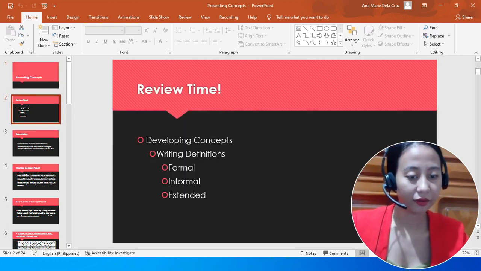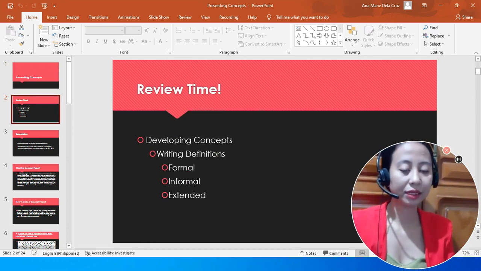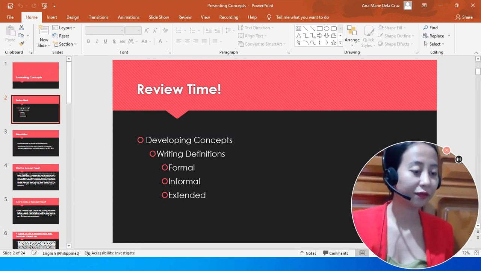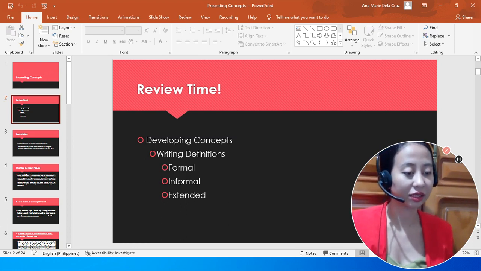Let us have a review. Last time, we discussed developing concept. What is a concept? Those are the ideas that we need to unlock. And to develop and present a concept, we have to write definitions. There are three kinds of writing definitions: the formal, the informal, and extended.